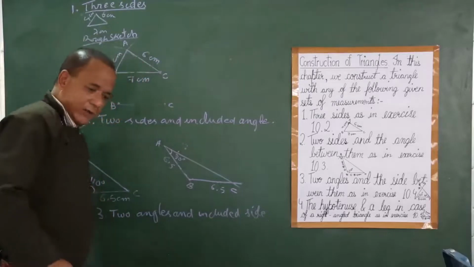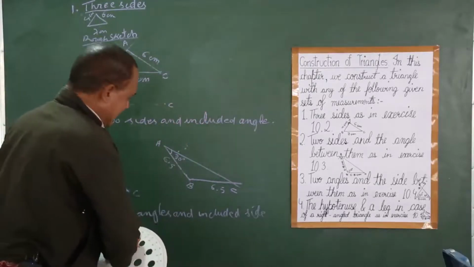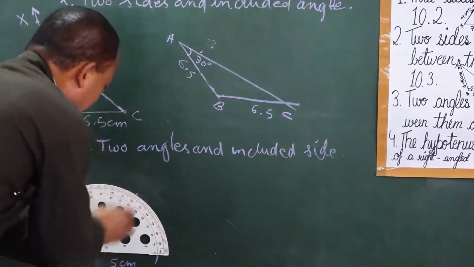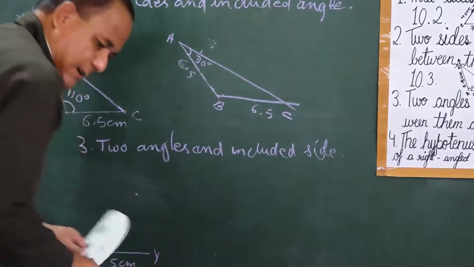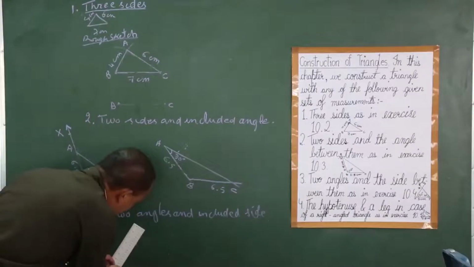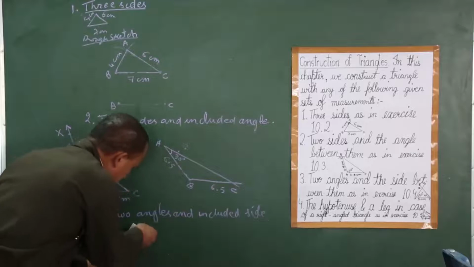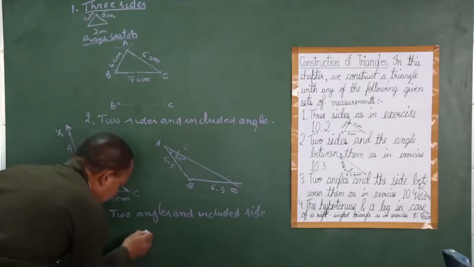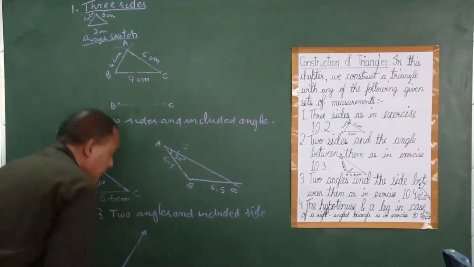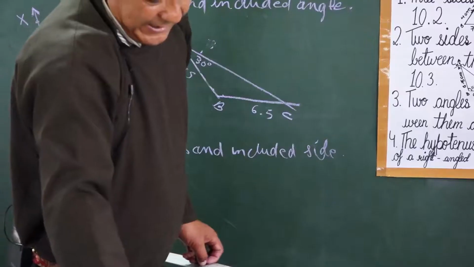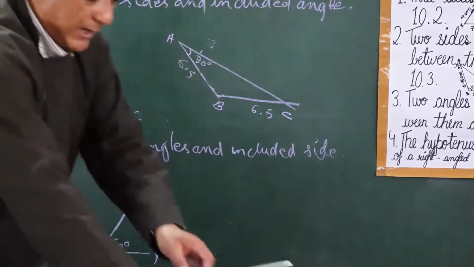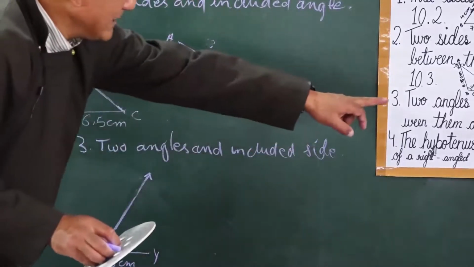On that you make again two angles, that's a 60 degree here, 60 degree. So we join this. Once you do that, then you have another one here, angle Y is equal to 50 degrees.